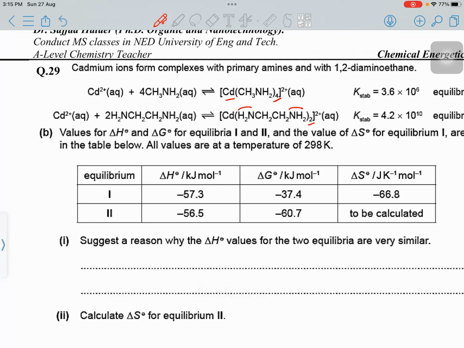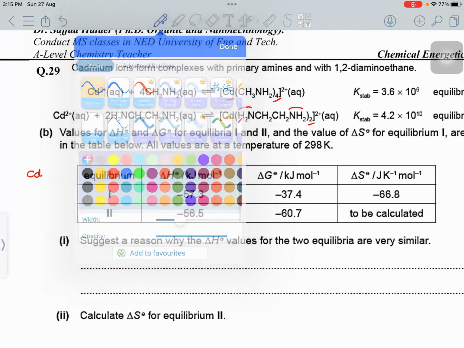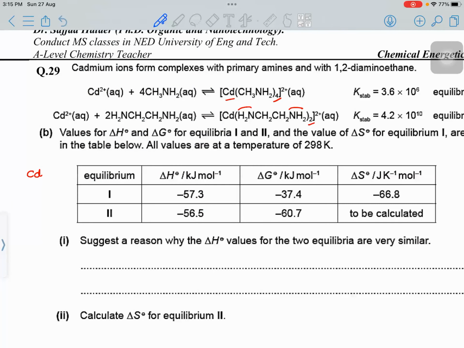Now look at the structure. This is cadmium. You have 4 CH3NH2: 1, 2, 3, 4 dative bonds. We will discuss this type of dative bond in transition chemistry.